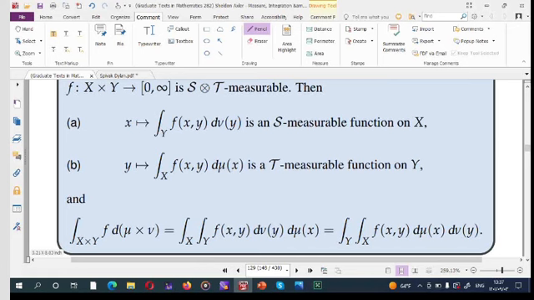The integral of f on this space with respect to the product measure mu times nu equals these two integrals: the integral on X, the integral on Y of this function, and by the converse order, the integral on Y, the integral on X of this function. All of these are equal, okay?